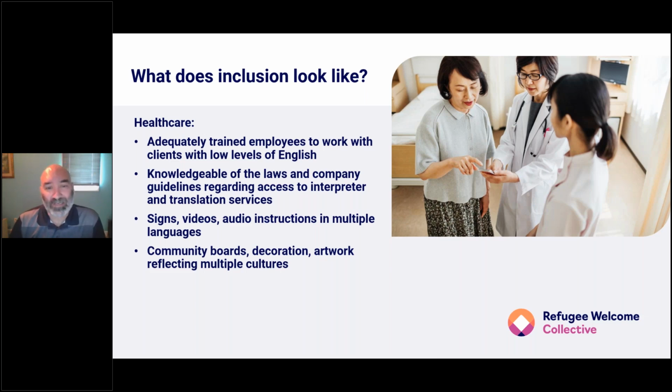When you go into the hospital or medical facility, what does it look like? Are there community boards? Are there decorations? Is there artwork reflecting multiple cultures, or not?